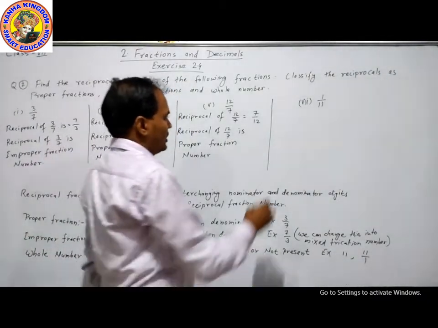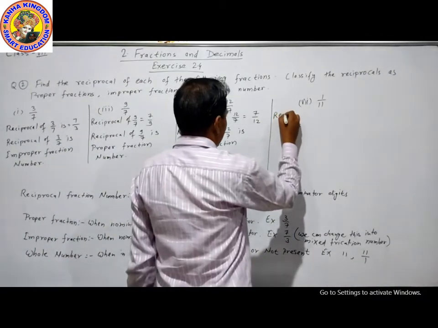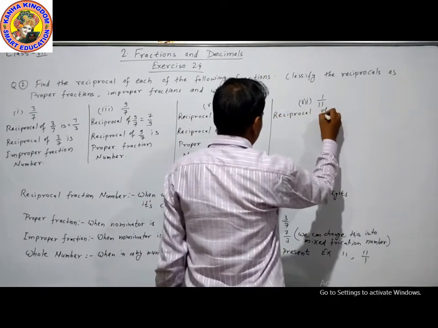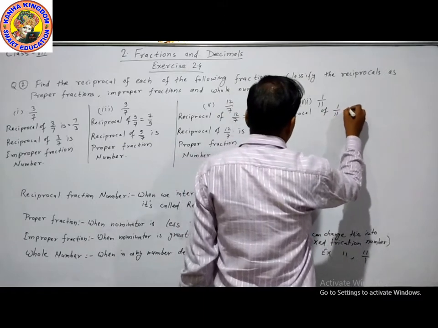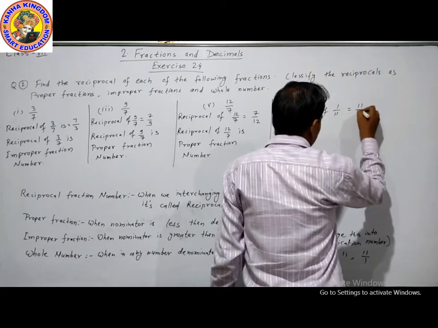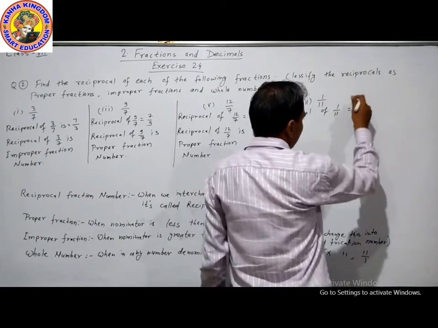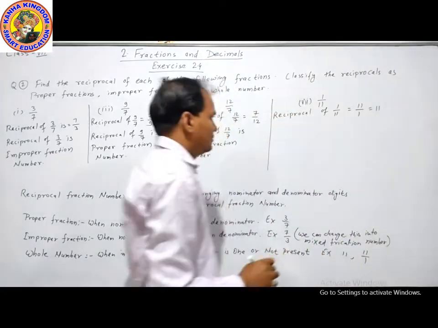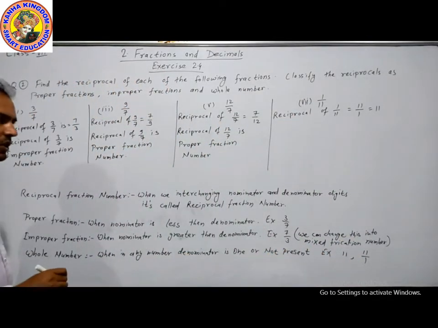Now our next question is reciprocal of 1 by 11, by interchanging the digits, 11 by 1. 11 by 1. 11 is a whole number.